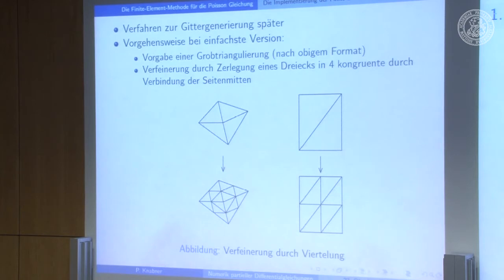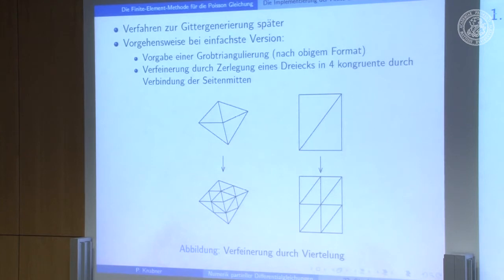So now the notion of grid generation comes up. We have a definition of the domain, and we want either to refine an existing triangulation or just to define a new triangulation. Let's only look at refining an existing triangulation.